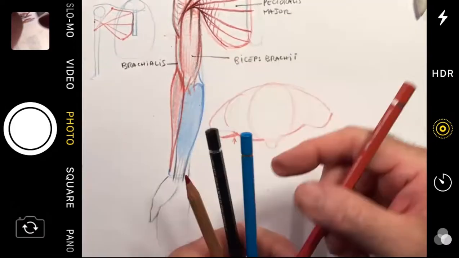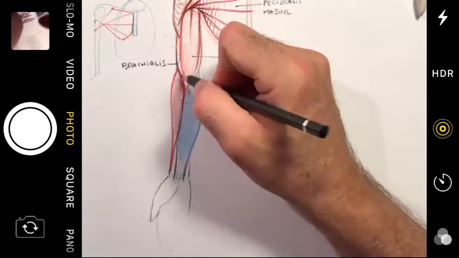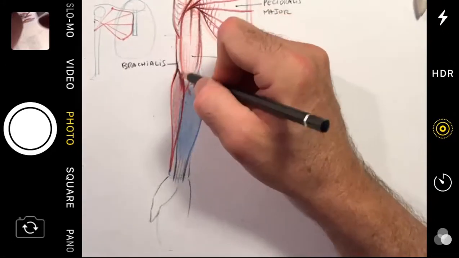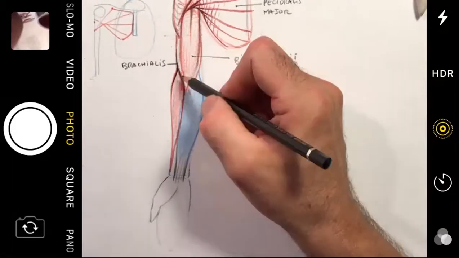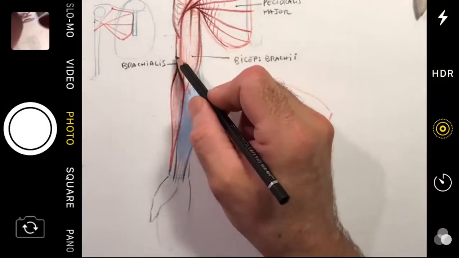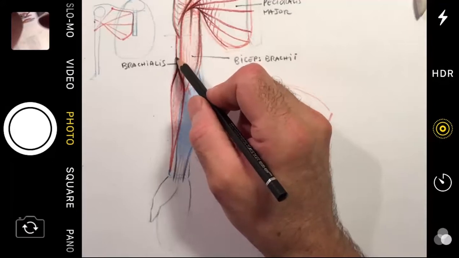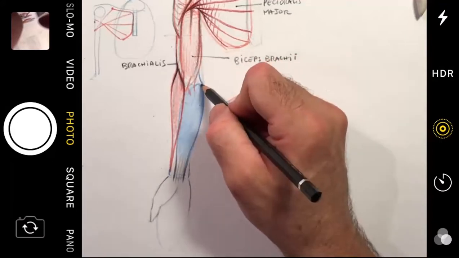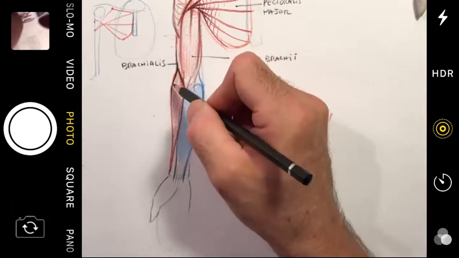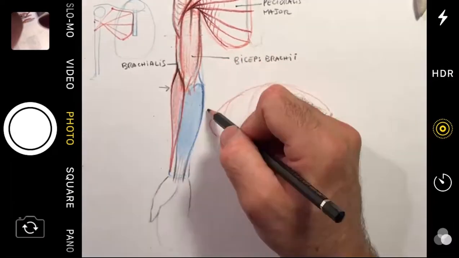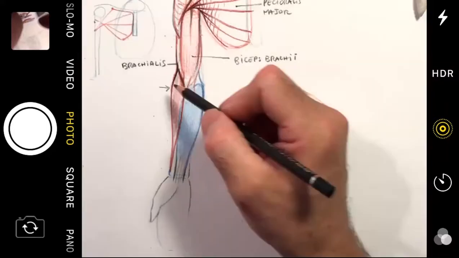So now, notice one thing. Notice that because this muscle here starts higher on the humerus, and this starts lower, right? The peaks of these two muscular groups are not at the same level, right?